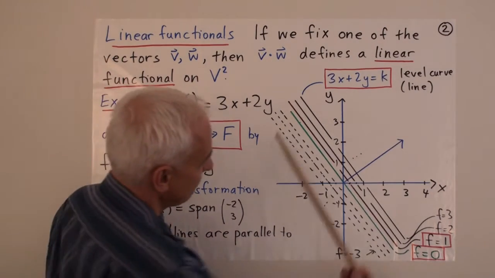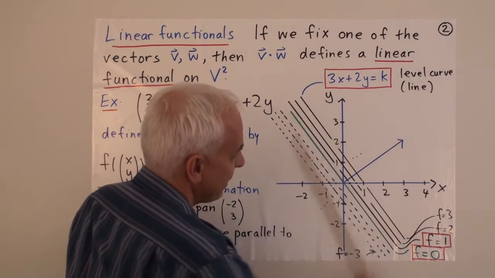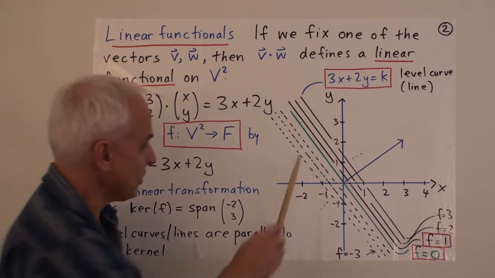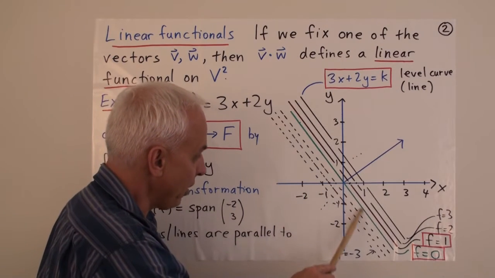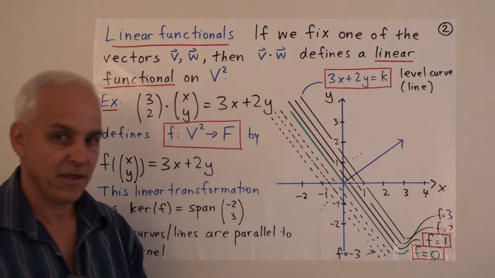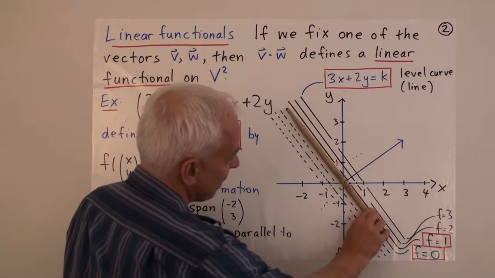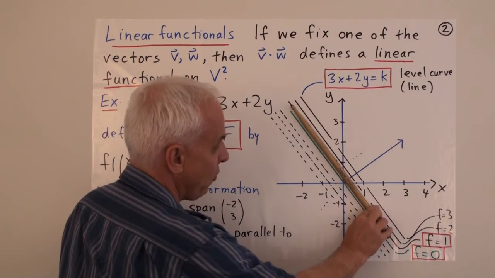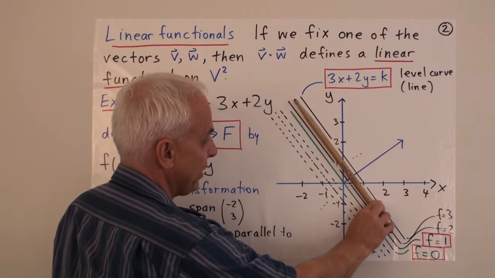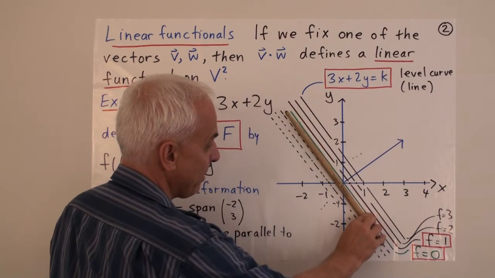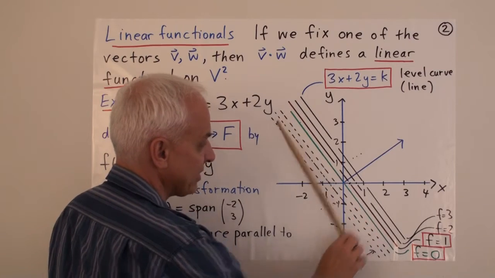This line here is the place where the function has value 0. So for all of the vectors whose endpoints are along here, the function has value 0. If we move over a little bit here, then the function has the value 1 on this line. The function has the value 2 on this line, 3 on this line. If we move in the other direction, we get -1, -2, -3.